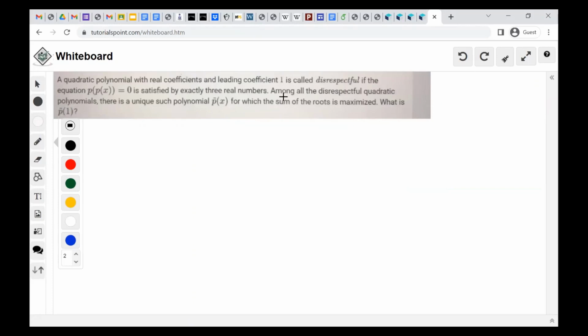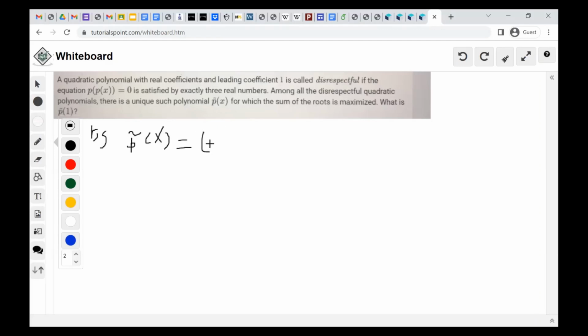Yeah, so we're looking at the roots. The idea is that we can try to use Vieta's, right? With roots r and s, P squiggle of x equals what?